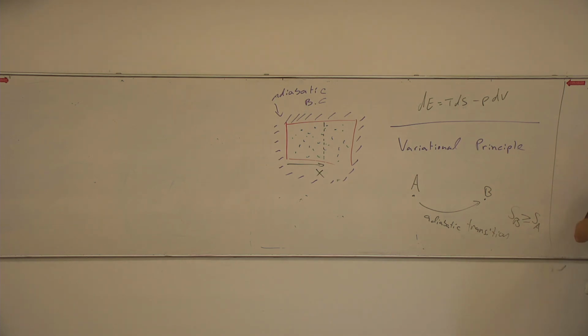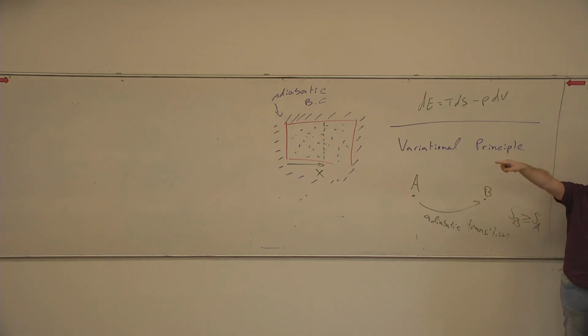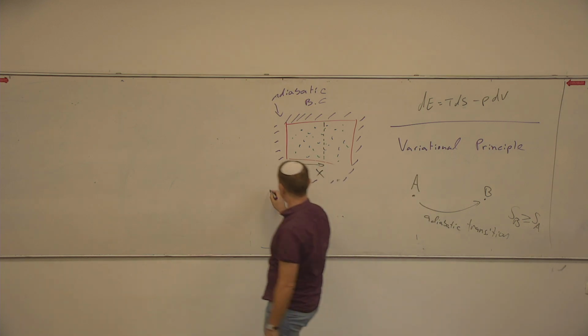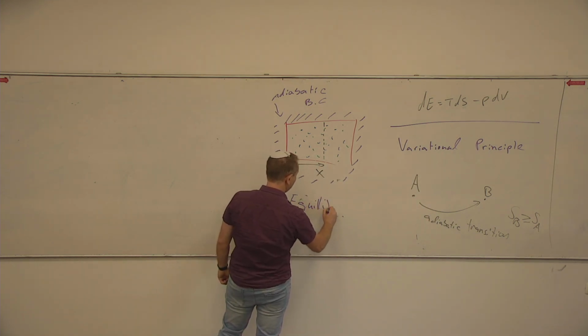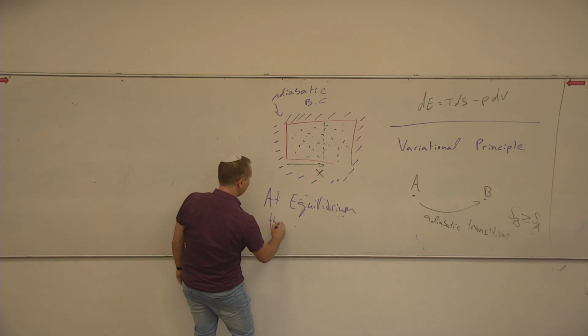So for any process, because I reach this equilibrium adiabatically, the entropy will only grow. This means that at equilibrium, the entropy is maximal.